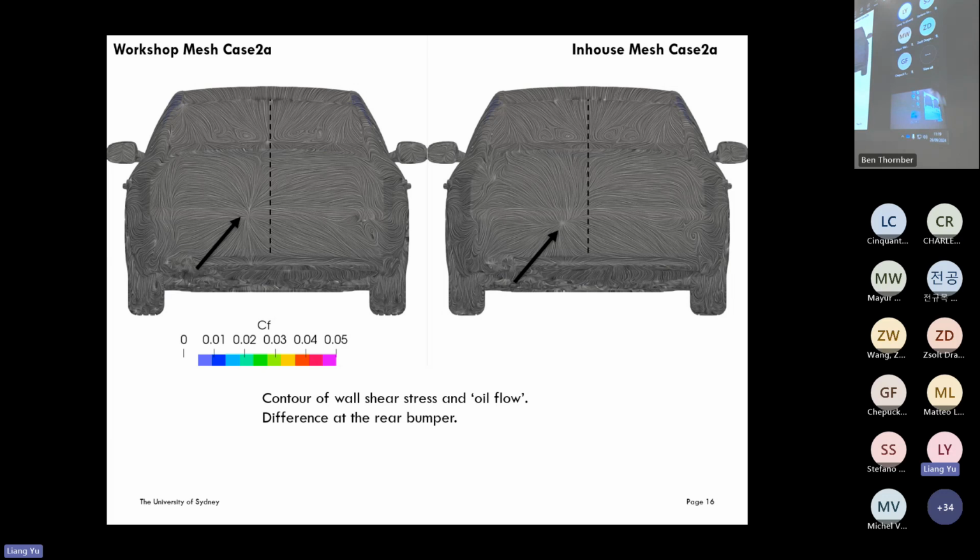But I suppose if things start to change in front of the car, so around the stagnation pressure, that changes the flow separation that's going, sort of, on either side of the engine cover, and that can modify the upstream condition of the mirror, and that changes the local flow features on the mirror as well.